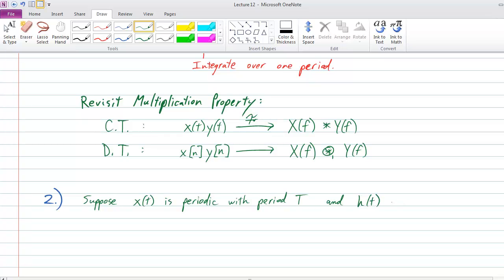H of t is finite energy. It's an energy signal. Okay. Now x of t convolved with h of t, the regular convolution, is well defined, right? So, no need for circular convolution here.